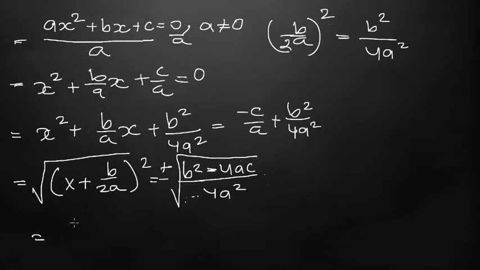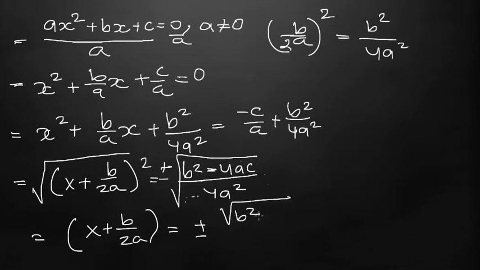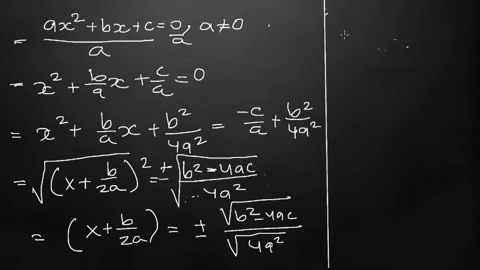So this is going to be x plus b over 2a is going to be equal to plus or minus, and we can further break this down using the property of radicals. So this is like division, so you can divide this separately. In this case I am just dividing the top one, and then doing the same thing to the bottom one, like so.